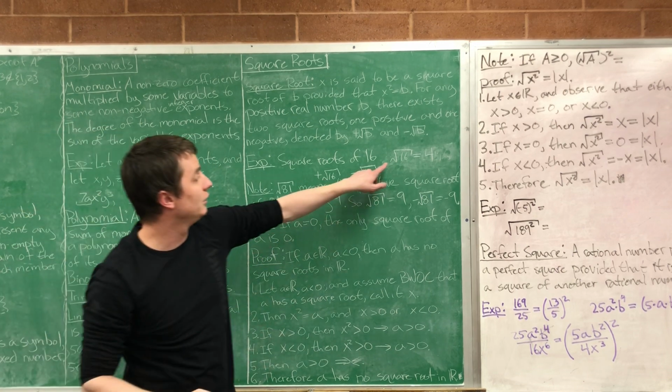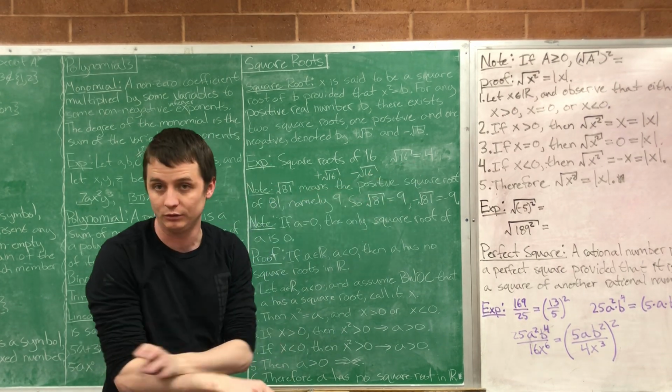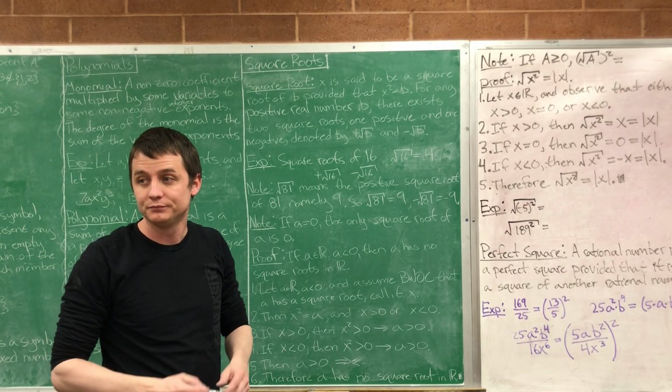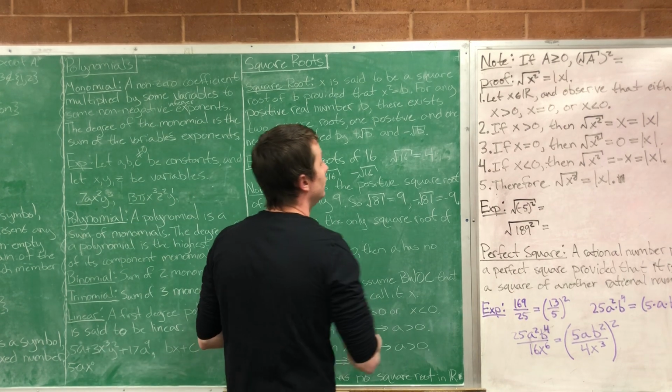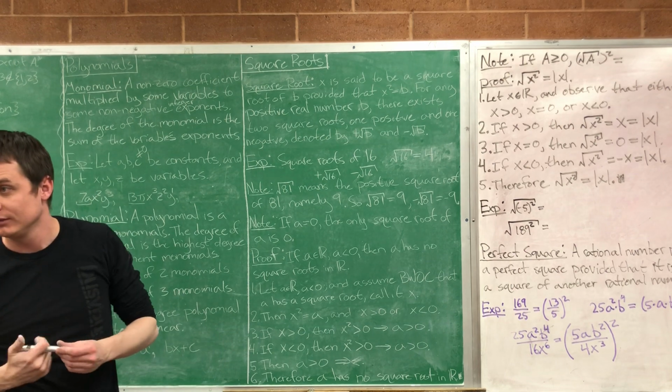Why is it so? When you have a square root function and you plug in a number, it always spits out a positive value when we're talking about the real numbers. Why? Look at our definition here for how we set it up.